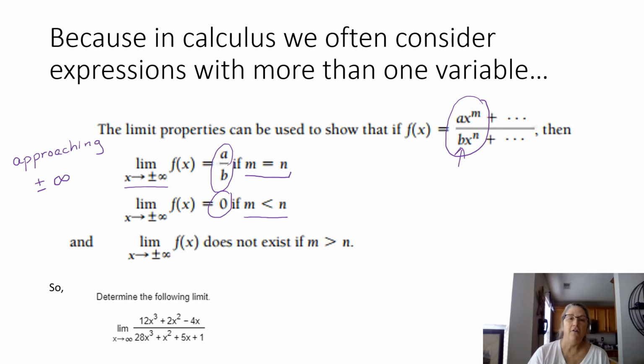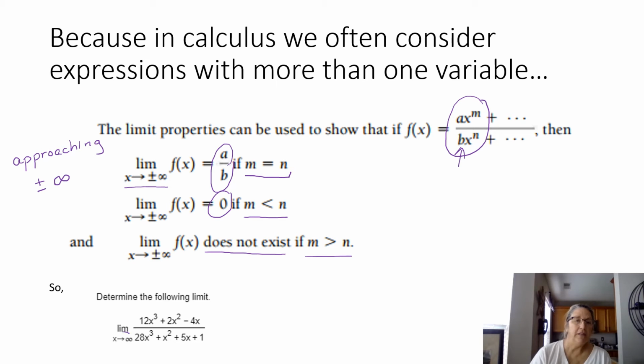If we have m greater than n, meaning that our numerator degree is larger than our denominator degree, then that's when we would say that the limit does not exist.